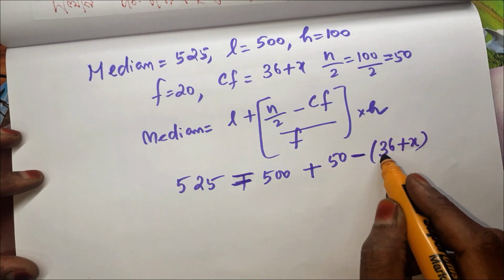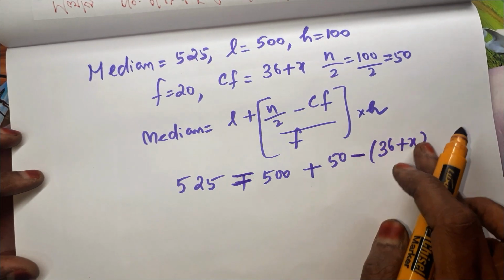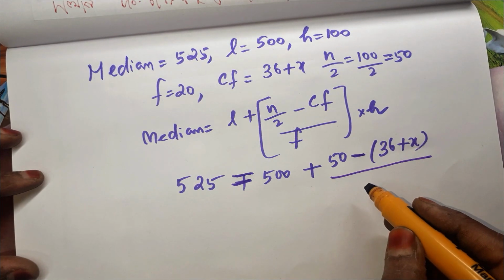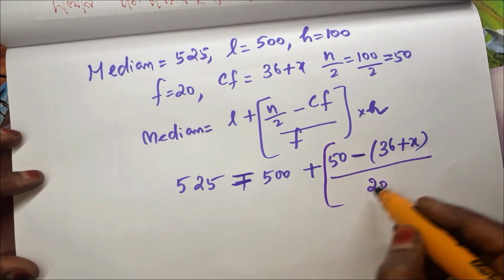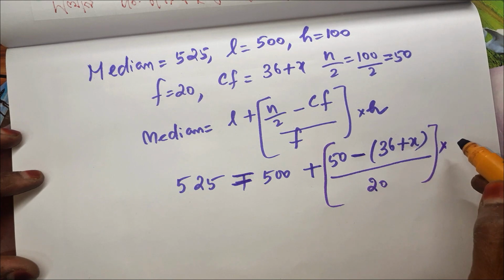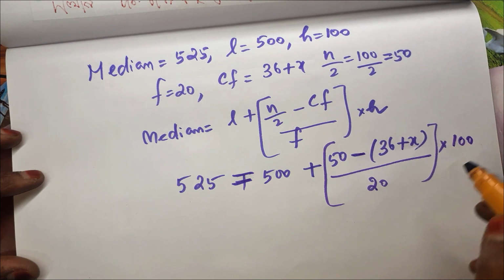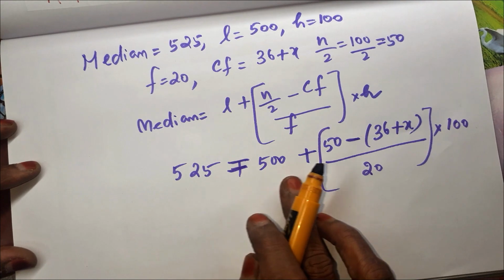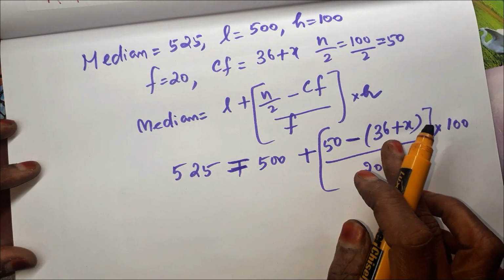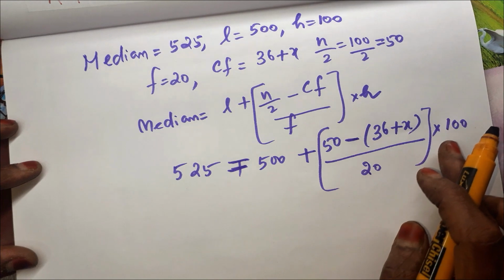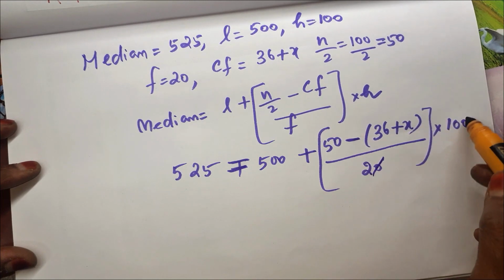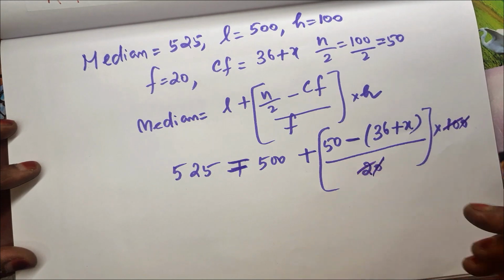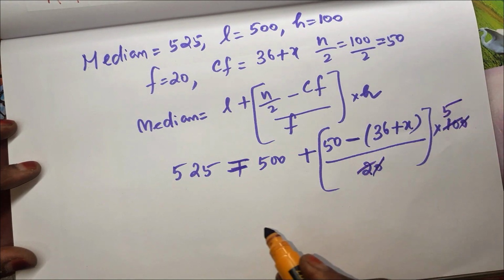This negative sign is common to both the terms, so put the terms in a bracket, divided by F. What is F? 20. Everything into H. What is H? 100. So 525 is equal to 500 plus 50 minus 36 plus x, by 20, into 100. We can cancel this with this, since it is multiplication and division. So it is 5.